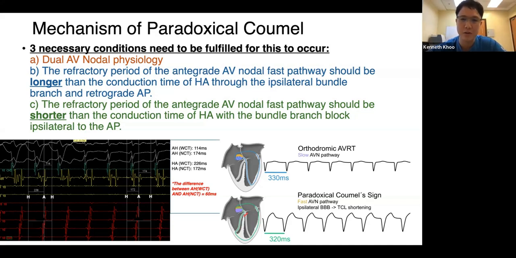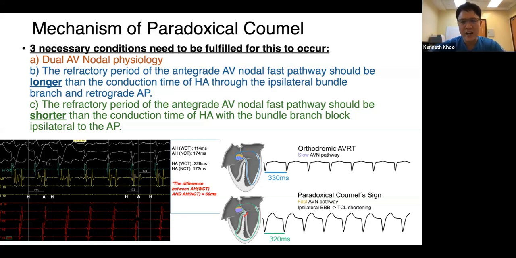Therefore, paradoxical Kuhlman's, right? So at this juncture, some might start to ask me, well, in functional left bundle branch block, the HA is longer and the AH is shorter. But wouldn't the longer HA counter the effects of the shortened AH? Well, that is a good thought, but paradoxical Kuhlman's phenomenon is all about which one predominates.